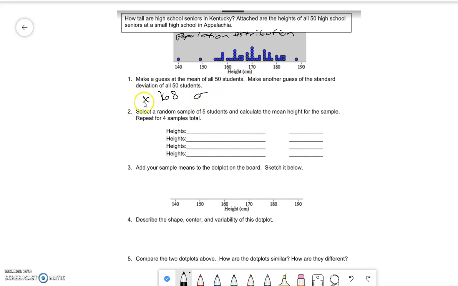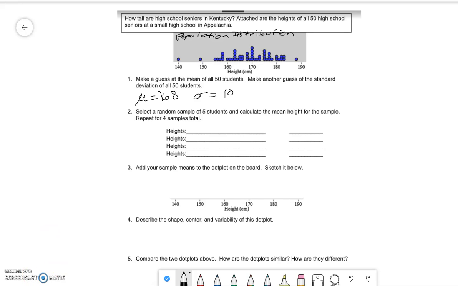This is my population mean, so I used the wrong symbol. Okay. My population mean, I'm going to say is 168, and my standard deviation, I'm going to guess at 10.